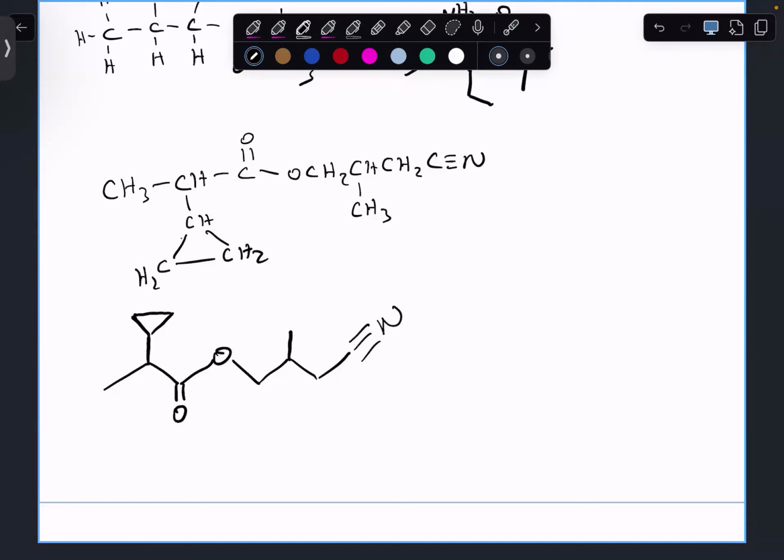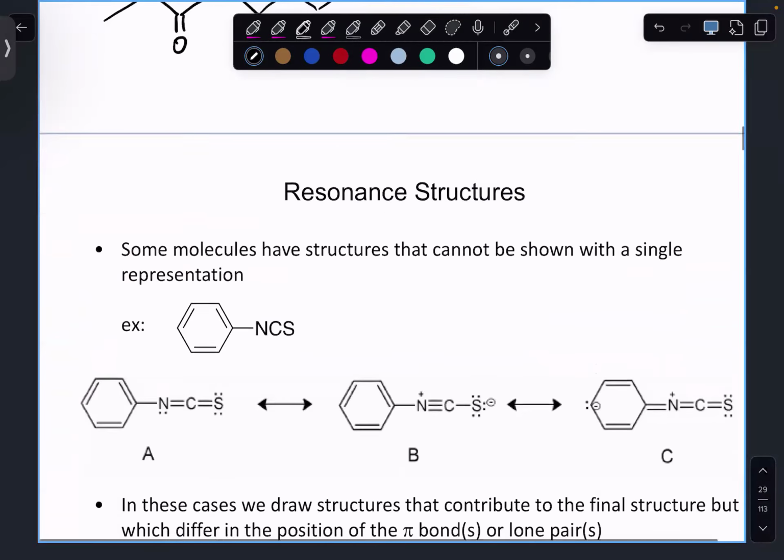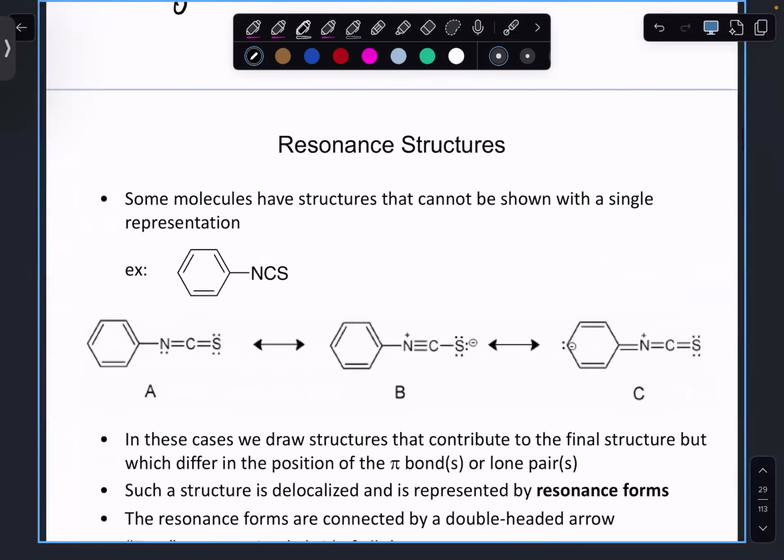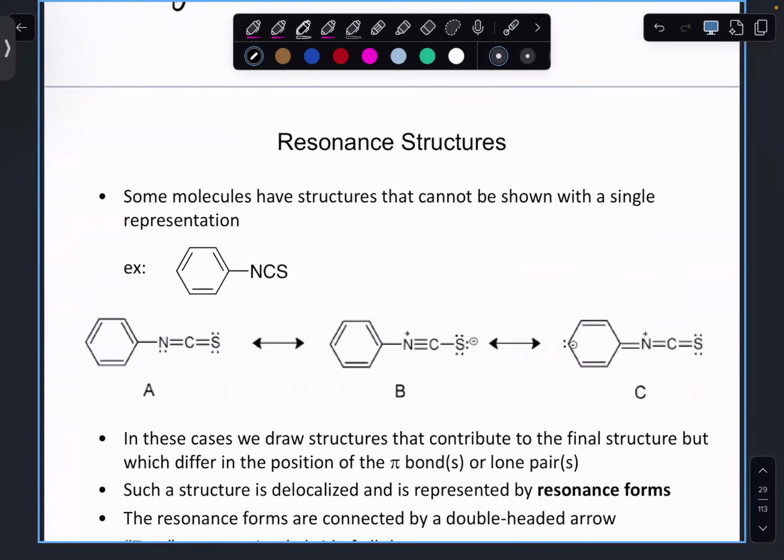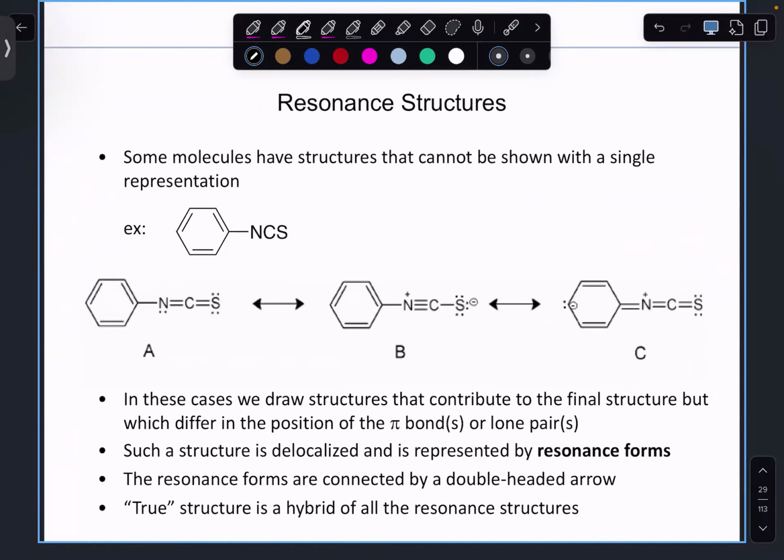All right. Okay, let's talk a little bit about resonance. We already did a little bit of this in lab earlier. I showed you that example of that acetanilide compound in lab that you're going to be working with. We looked at a resonance form of it.